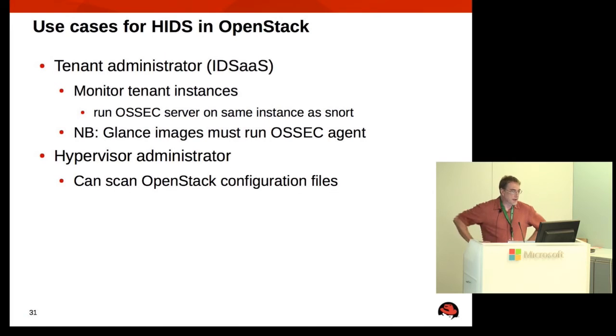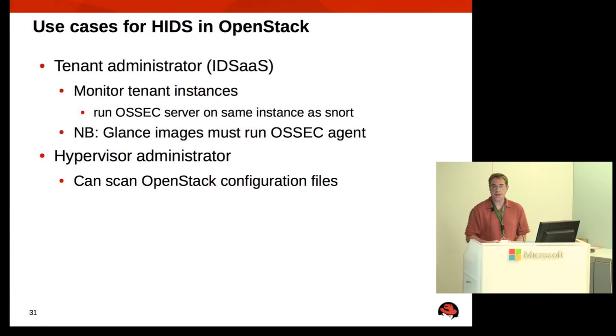All of those logs can be read and aggregated and looked at in one place by OSSEC. And that's a central controller too. So you might have hundreds of instances in your cloud, but one OSSEC manager could manage all of them.